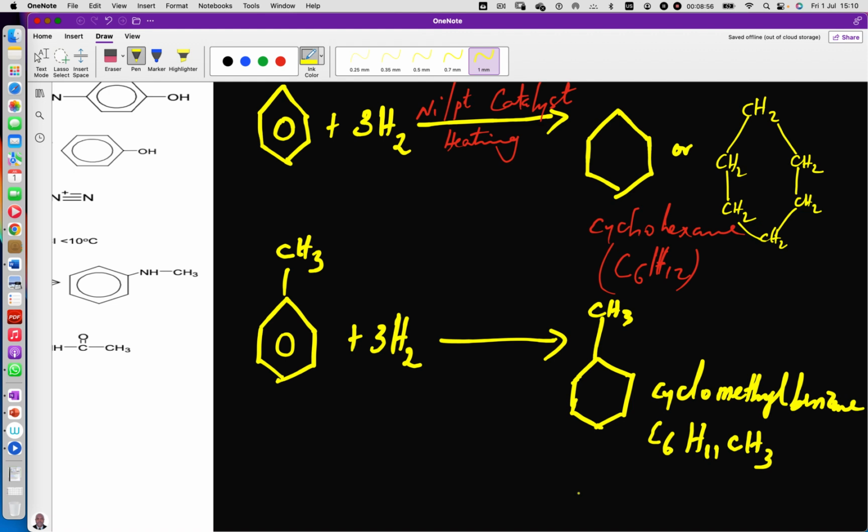So that is what you get using a nickel or platinum catalyst, by heating it.